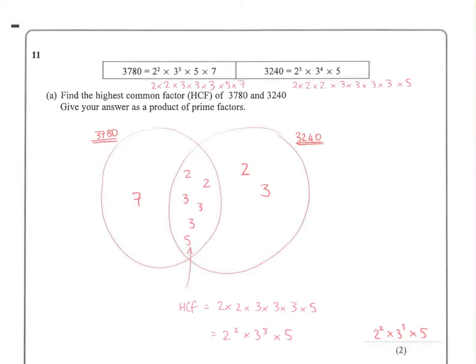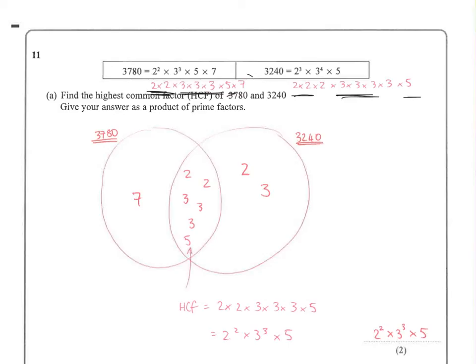If we look at our prime factors, common to both, I've got two 2's. I've then got three 3's. That's common to both. And I've got a 5. So I write those in the centre. They're the factors that are common to both.